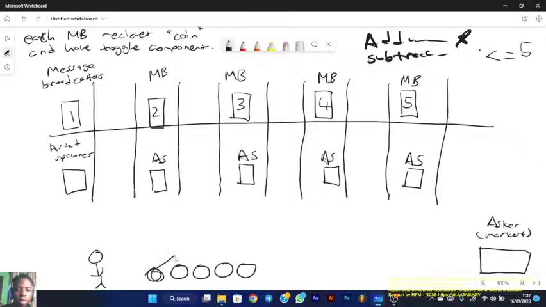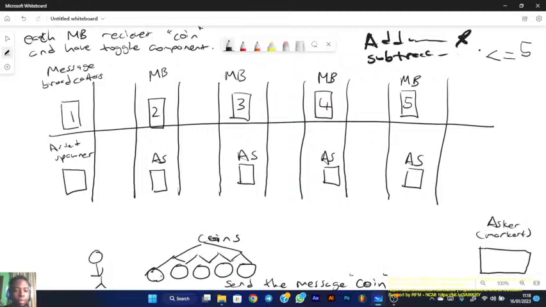So these are the coins. When the player collects them, these are the points. When the player collects them, they send the message coin.